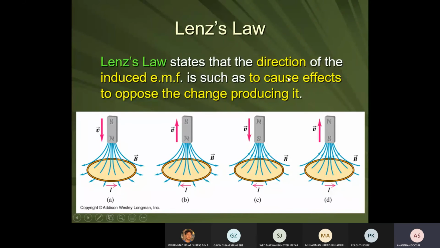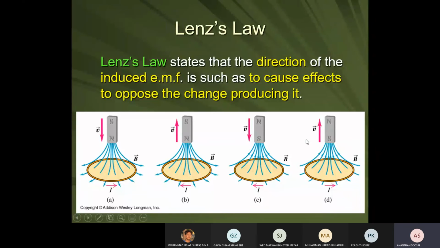What does Lenz's law say? The direction of the induced EMF is such as to cause an effect that opposes the change producing it. When the wire is cut by the magnetic field, the wire will induce an EMF whose direction opposes this change. That means if a magnet's north pole approaches the coil, the coil will induce a north pole on top, so that it repels.